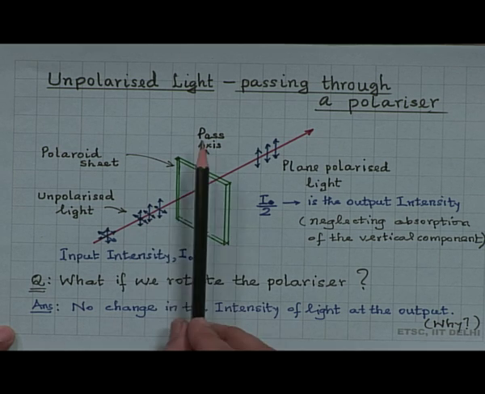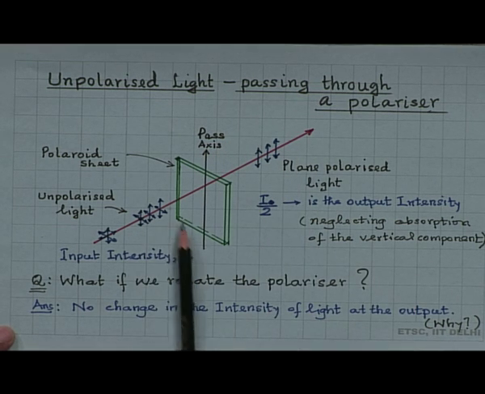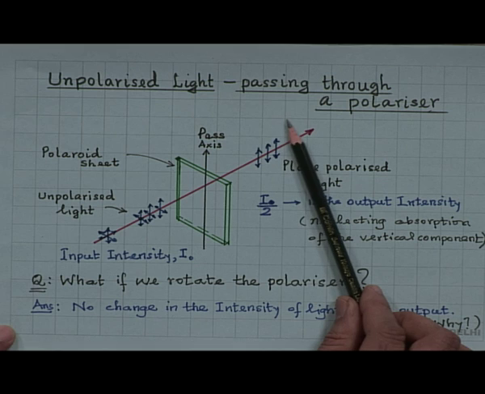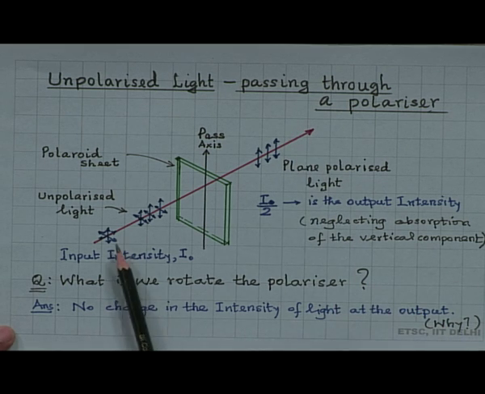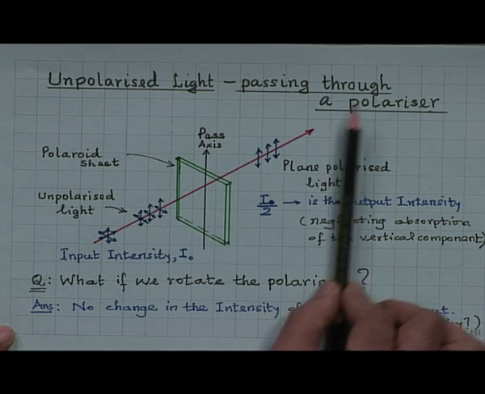The component which is parallel to the pass axis passes through the sheet, the perpendicular component is blocked, and therefore we get 50% of the light passing through. As we have already discussed, unpolarized light can be thought of as comprising two components, one vertical component and another horizontal component, each of equal strength, and therefore 50% of the electric field is attenuated and 50% passes through.